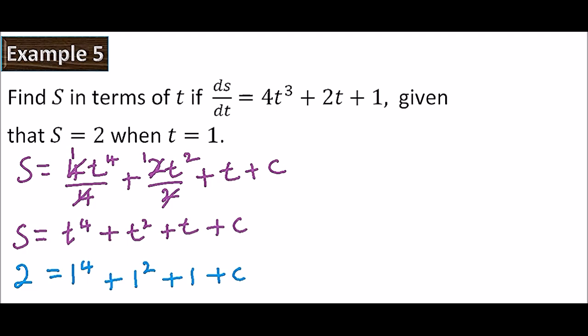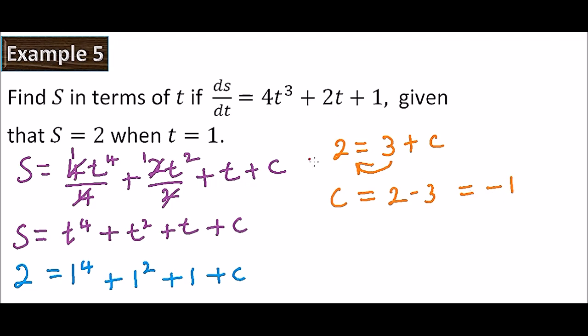So this will give us 2 is equal to, 1 to power 4 is 1, 1 squared is 1, and we add 1, so that is 3. So it is 3 plus c. We take 3 to the other side, it becomes negative, and therefore our c is equal to 2 minus 3, which will give us minus 1.